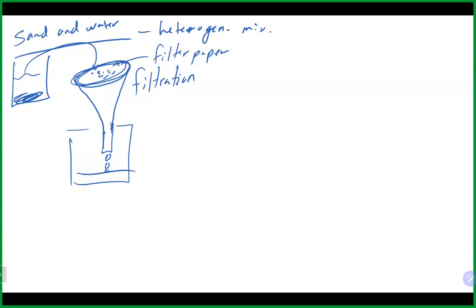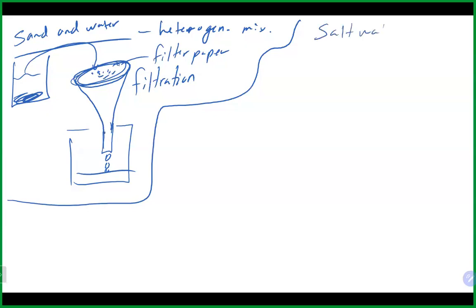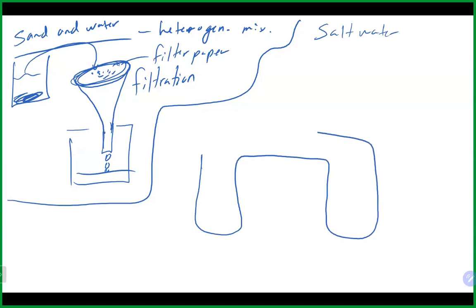Now, you could also do a separation that involves a homogeneous mixture, like say our salt water. If I set up an apparatus such as this, drawn here, and we put our salt water on one side, this is all a closed environment. And we have this tube that connects each side.